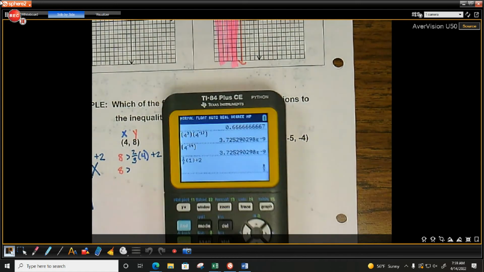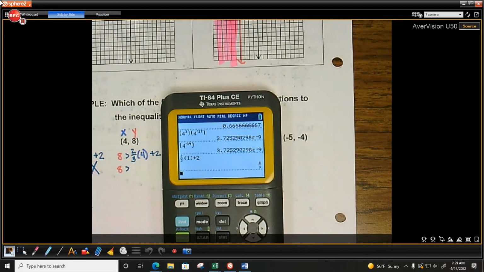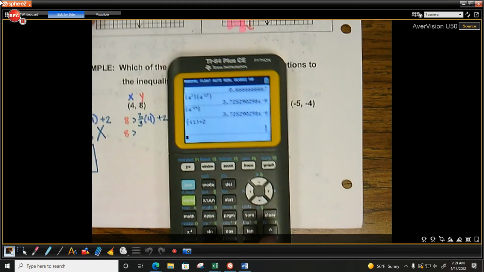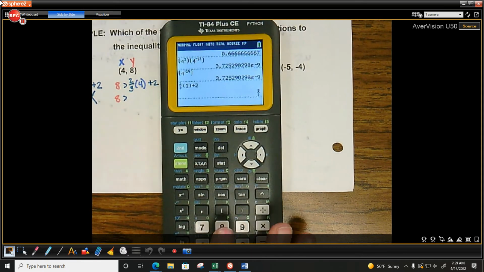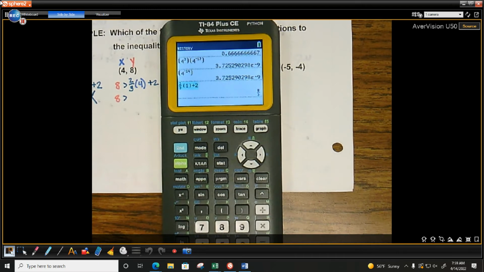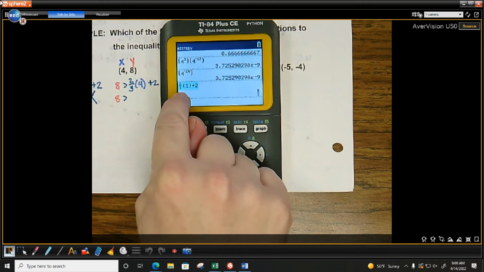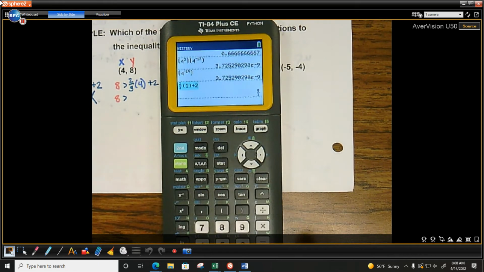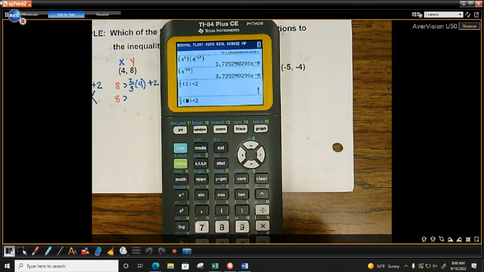Remember, I showed y'all the quick way to do this. Since I'm retyping the same thing every single time, I'm just changing what the x is. If you arrow up and highlight what you're wanting to retype in the calculator, hit enter. Change the 1 to now 4. And I get 14/3.